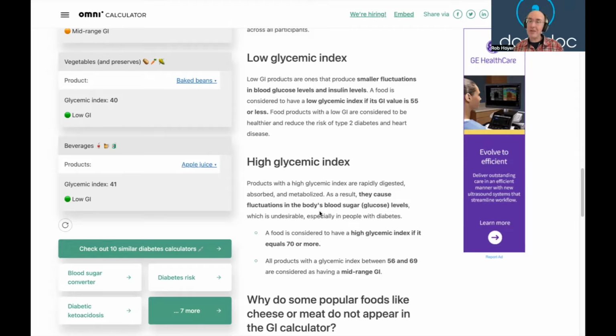And yes, that's less than if you ate pure sugar, but it's not exactly ideal if you're, for example, working on glucose intolerance or trying to really keep your glucose stable. So that's the glycemic index, the glycemic load.